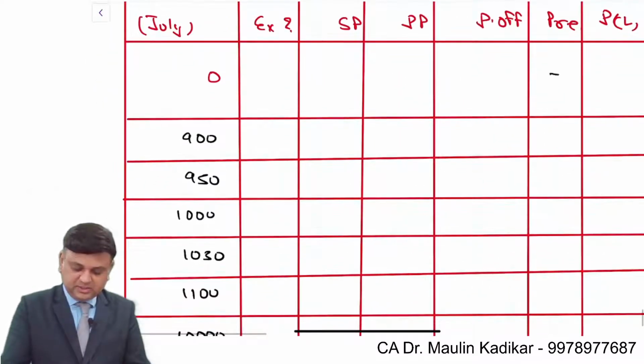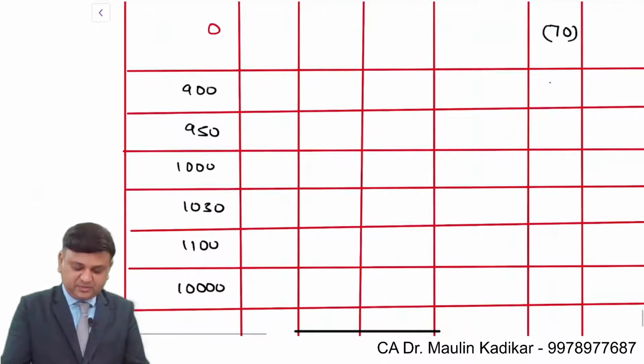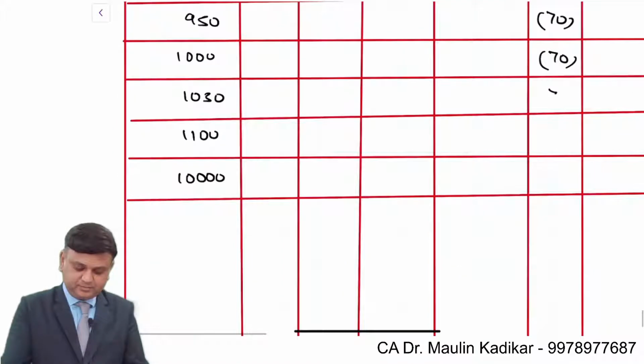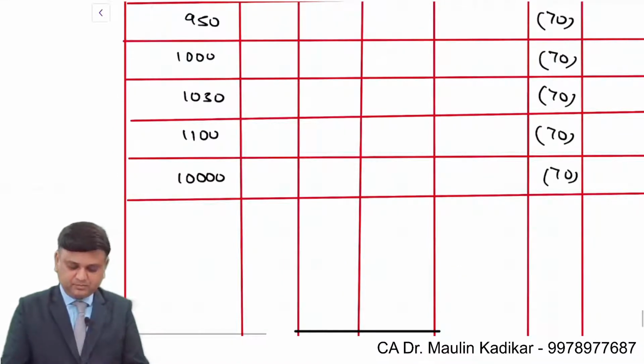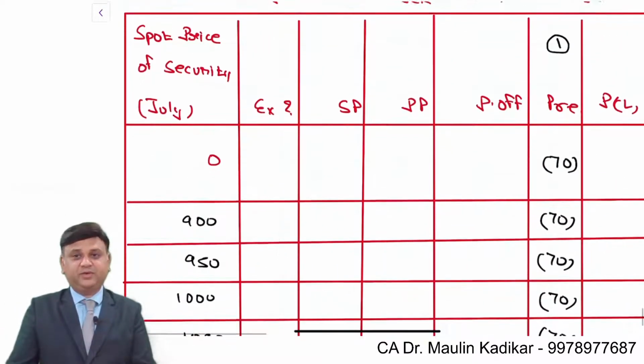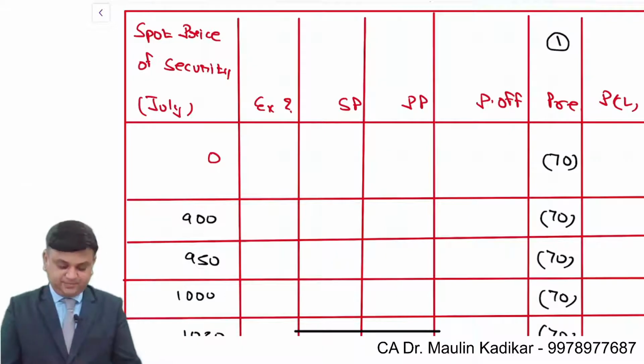So over here, 70 rupees is what you have paid upfront. That is the cash outflow in all the situations. Why? Because it is required to be paid upfront. That is the first thing.